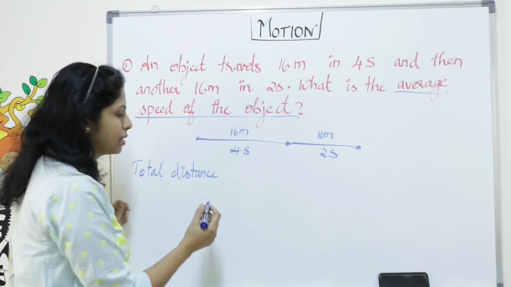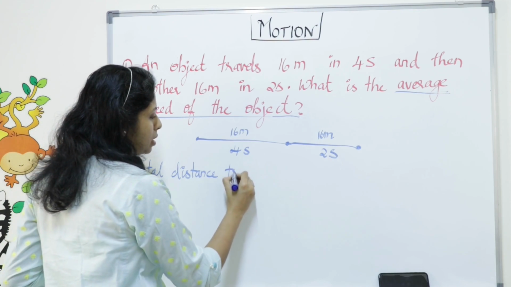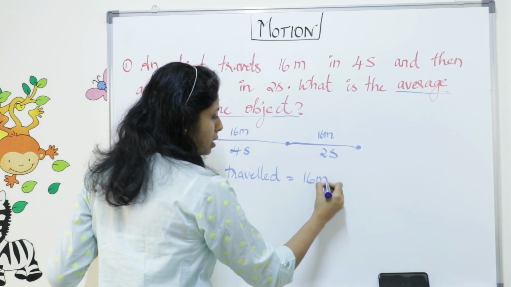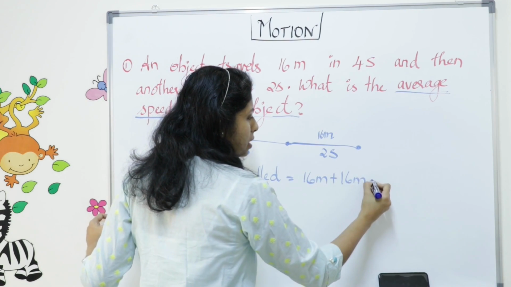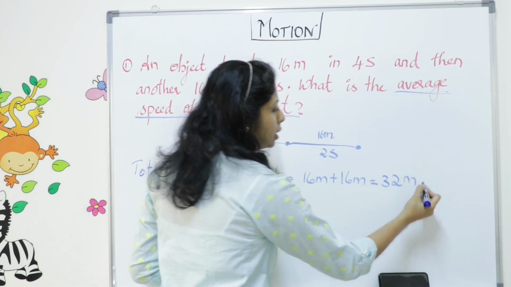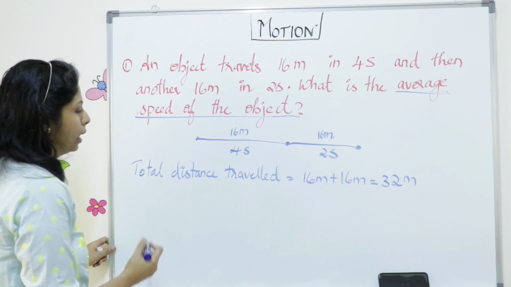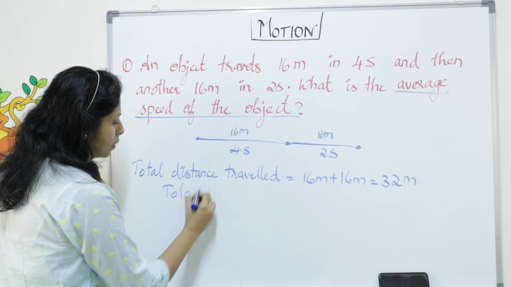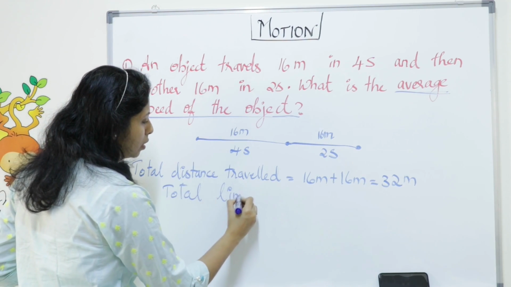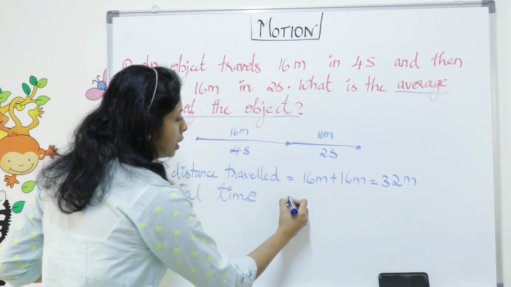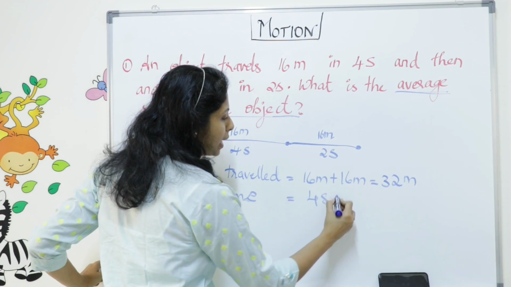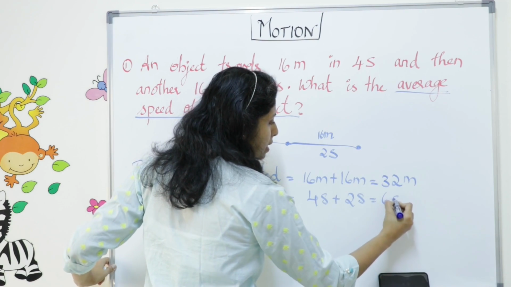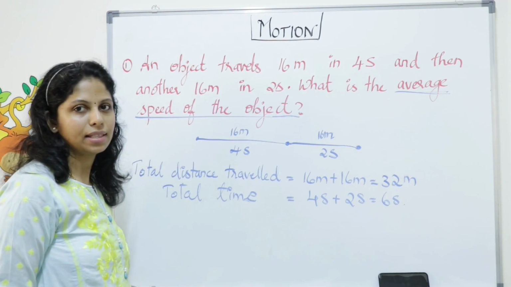So what is the total distance traveled? Total distance traveled is equal to 16 meters plus 16 meters, which is nothing but 32 meters. Now what is the total time it has taken? Total time is equal to 4 seconds plus 2 seconds, which is nothing but 6 seconds.